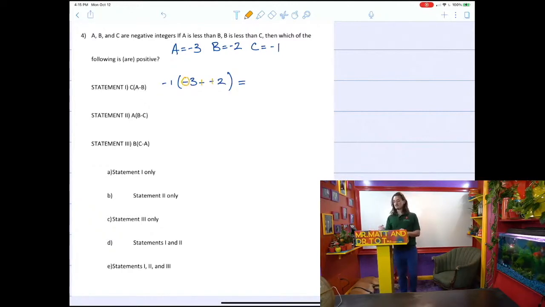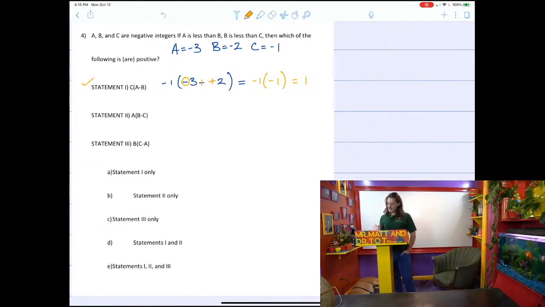So -3 minus -2 is the same thing as -3 plus a +2, and so that's going to be -1 times -1. -3 plus a +2 is going to be a -1. -1 times -1 is a +1. So statement 1 is true. Statement 1 will turn into a positive result.